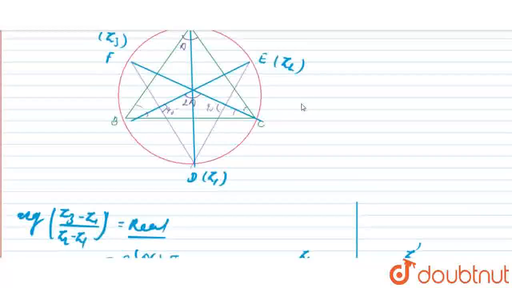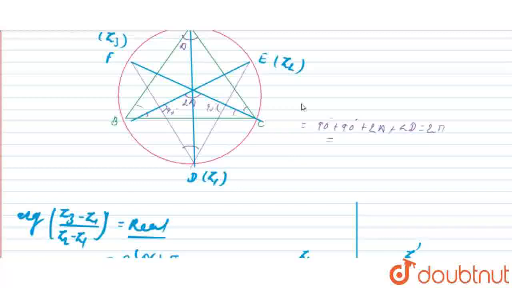So this is a quadrilateral, so the summation of all its angles will be 2 pi. So 90 degree plus 90 degree plus 2A plus, just imagine this is your angle D, will be equal to 2 pi.